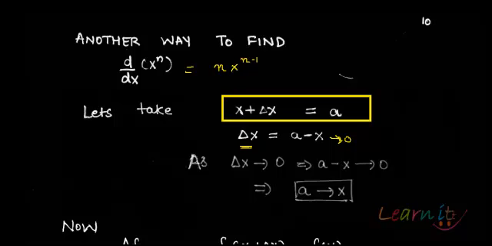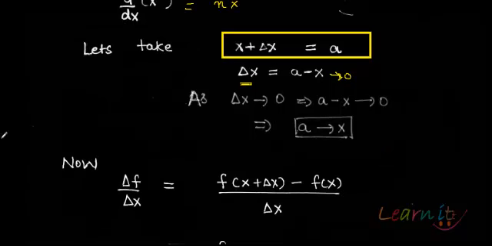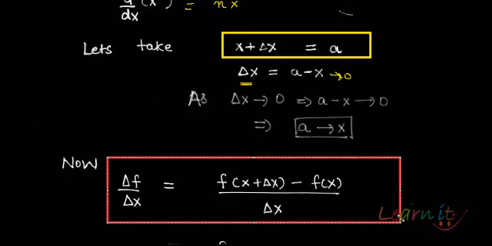Now let us again figure out the difference quotient that we have been looking at, the change in f upon change in x. That will be f of x plus change in x minus f of x, upon change in x. Now x plus change in x equals a, as I've assumed.